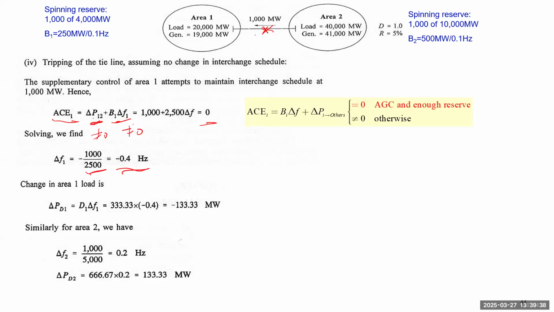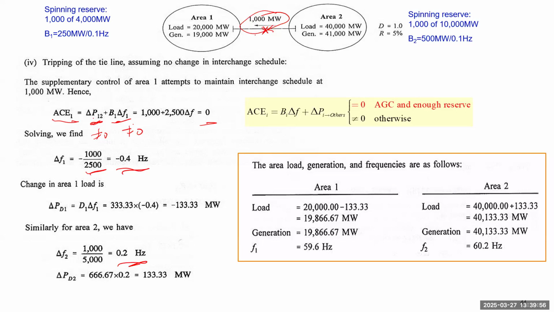For area 2, the frequency will increase because they also didn't recover the ACE setting, and use the original setting. They try to maintain this net export from area 2. So that will make the frequency increase. So finally, area 1 will operate at lower frequency, and area 2 will operate at higher frequency.